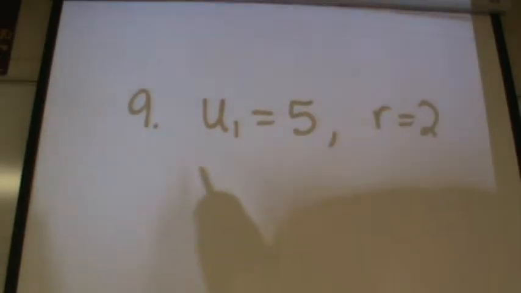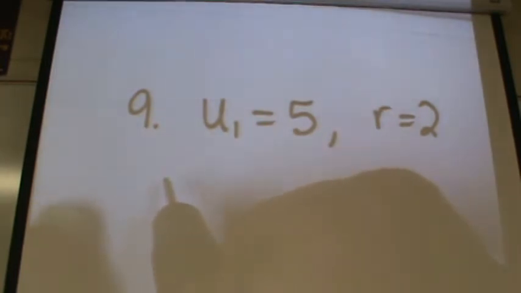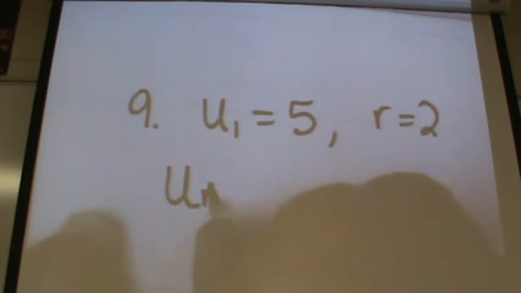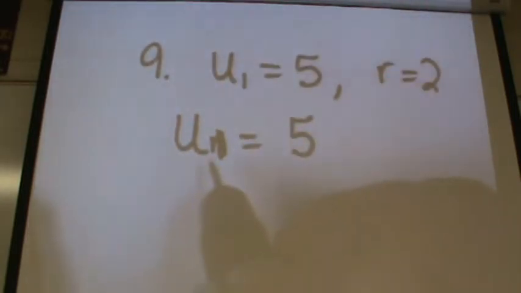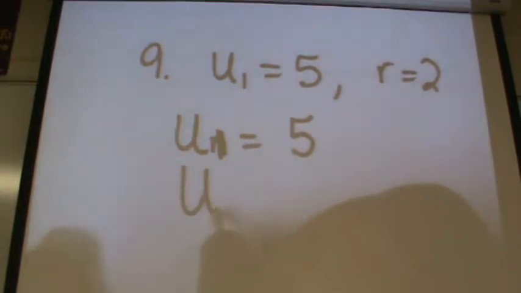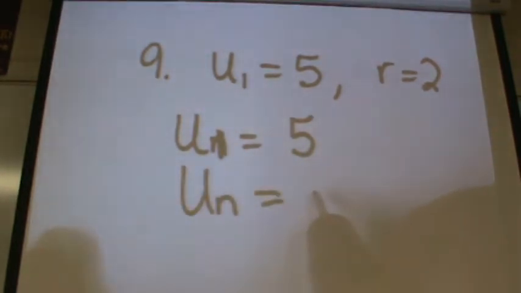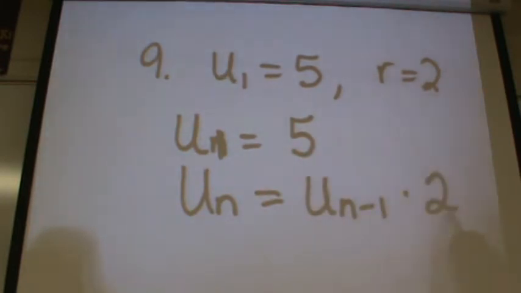So let's do a recursive formula. U sub 1, the first term is 5. You always state the initial condition. U sub n is the previous term times the r value, which in this case is given as 2.